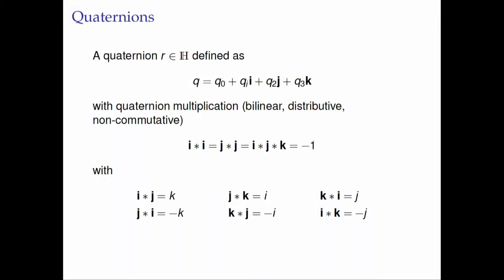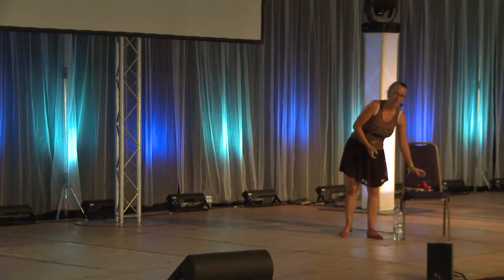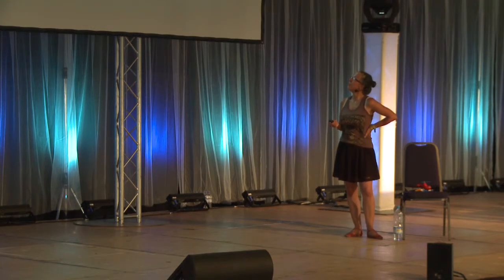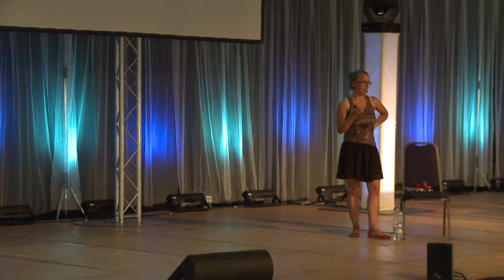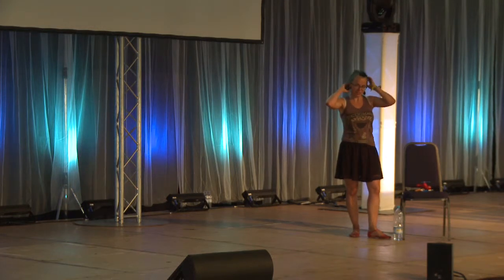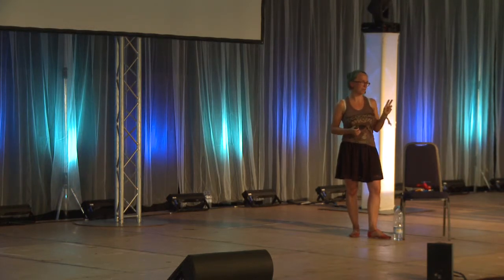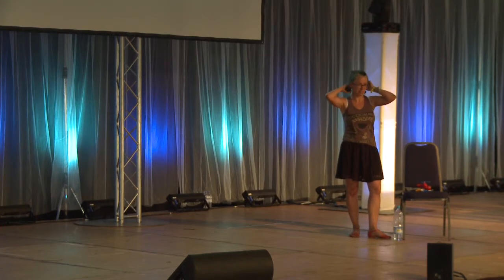They have some neat properties: they are bilinear, distributive, and most important of all, non-commutative. That means you can multiply them as you want, but you have to keep in mind that some extra rules apply. The big advantage now is that you have 4 elements, and you only want to describe 3 positions in a 3-dimensional space.